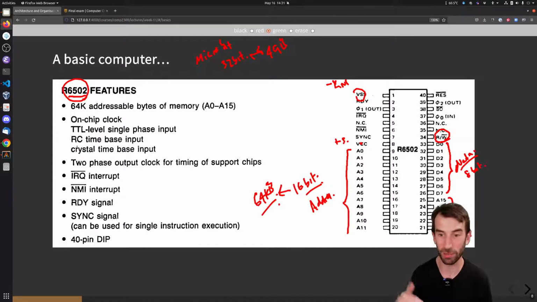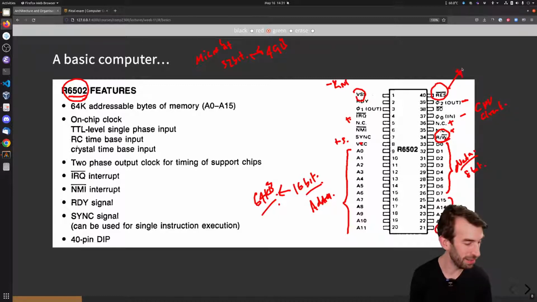So you're either in reading or writing mode. NC means no connection. We've got a few things here. These ones are to do with the CPU clock. This one is reset. That means start our computer again.